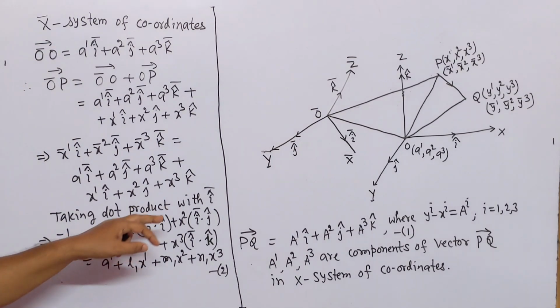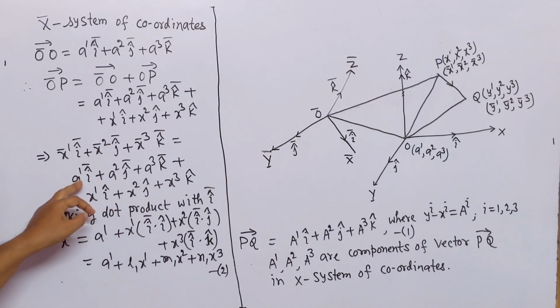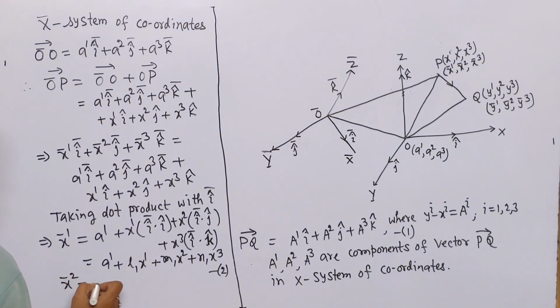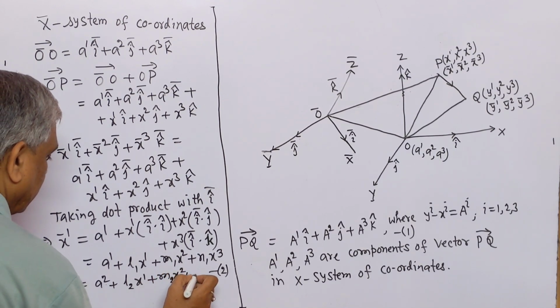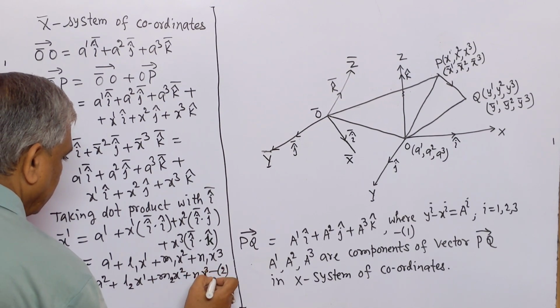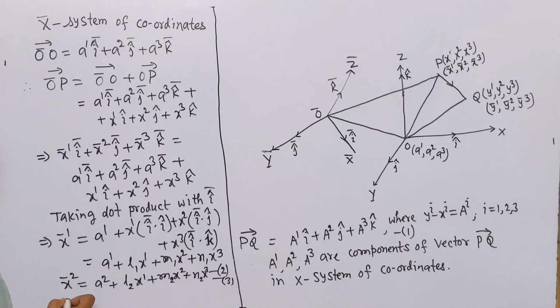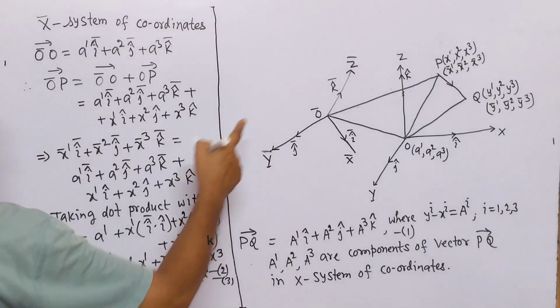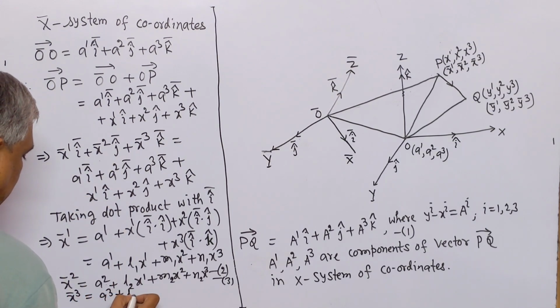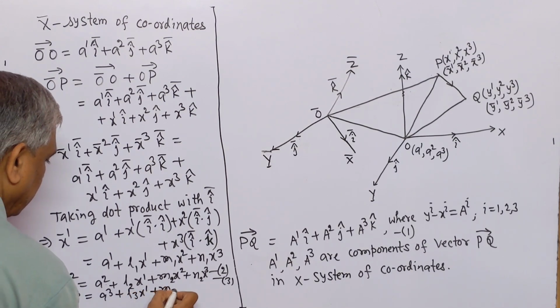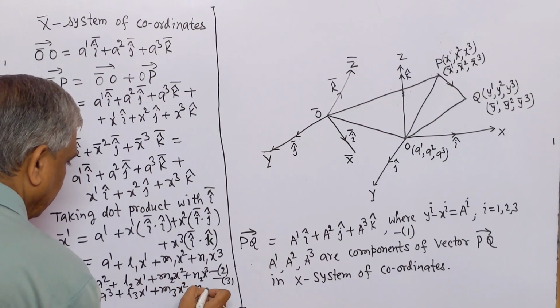Now taking dot product with j cap bar on both sides of this equation, we get x bar 2 equal to A2 plus L2 x1 plus M2 x2 plus N2 x3. This is number 3. And for x bar 3, similarly taking dot product with k cap bar on both sides of this equation, we get A3 plus L3 x1 plus M3 x2 plus N3 x3.